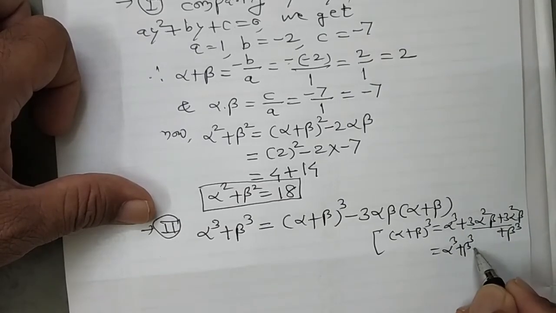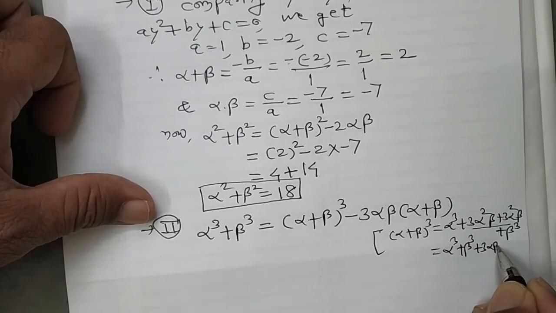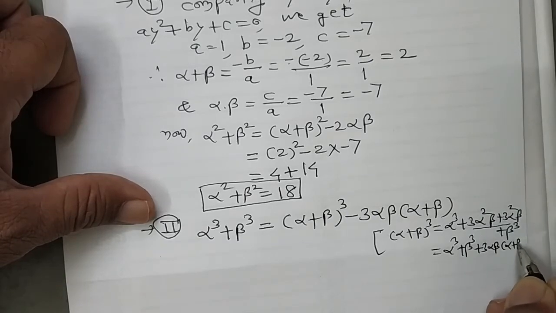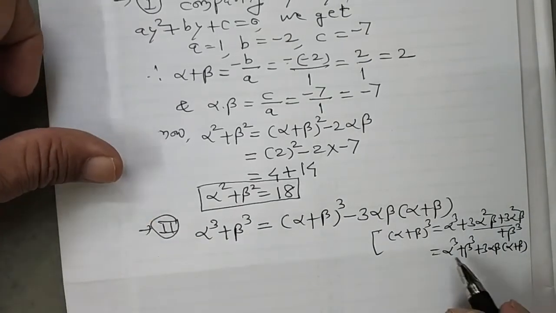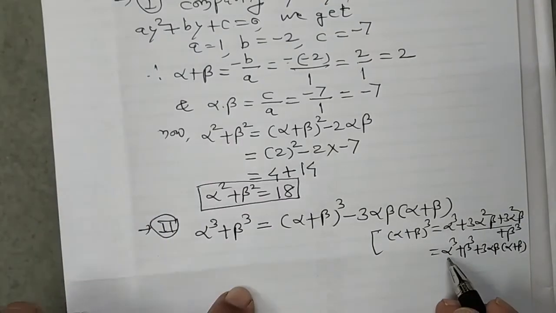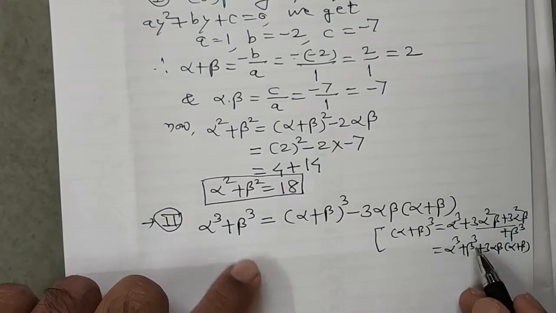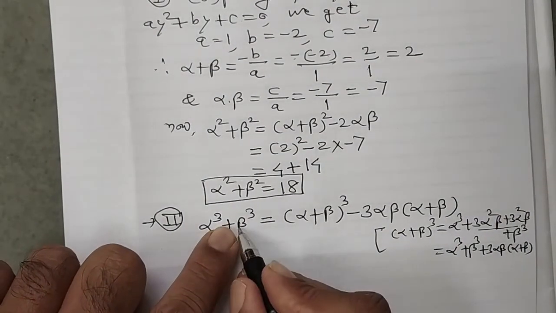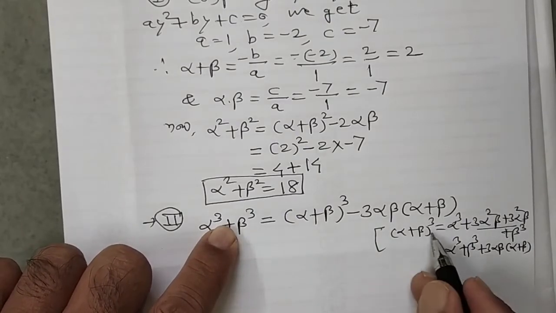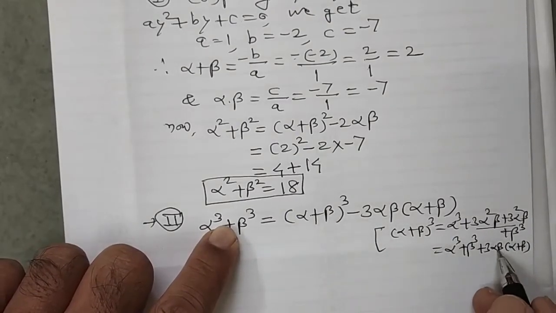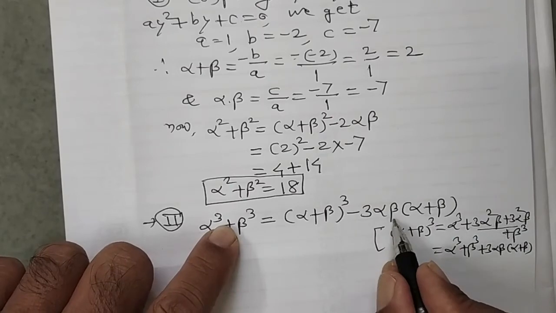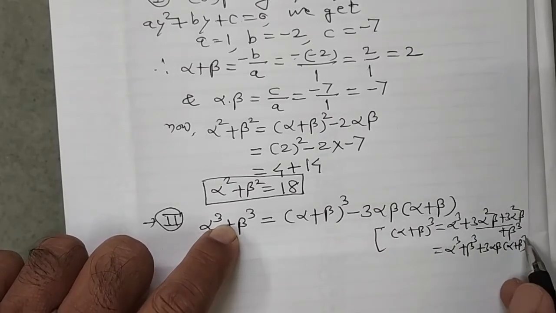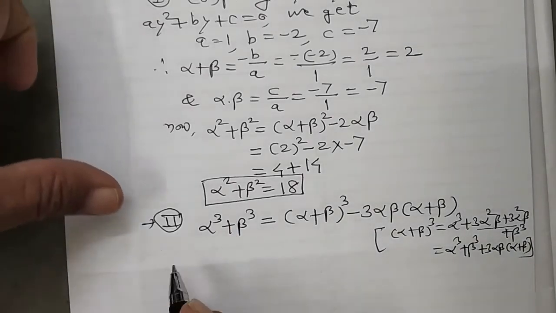From this, taking 3 alpha beta common into bracket alpha plus beta, we write this formula as alpha cube plus beta cube is equal to alpha plus beta whole cube minus 3 alpha beta into bracket alpha plus beta.